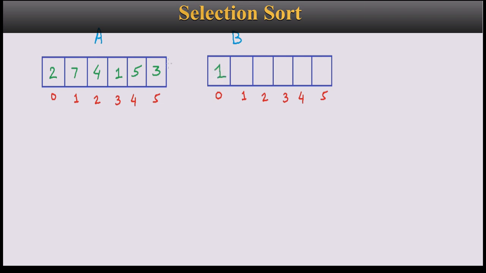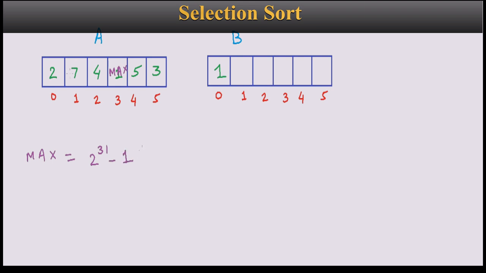Now there should be a way to mark that 1 has already been selected, so it is not considered the second time. One way to do this can be, we can replace the selected element by some very large integer that is guaranteed to be the maximum in the array at any step. We can choose this max to be something like the largest possible value in a 32-bit integer.